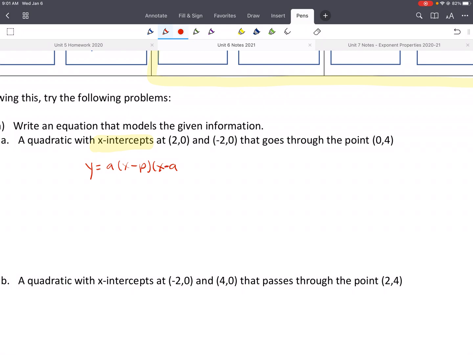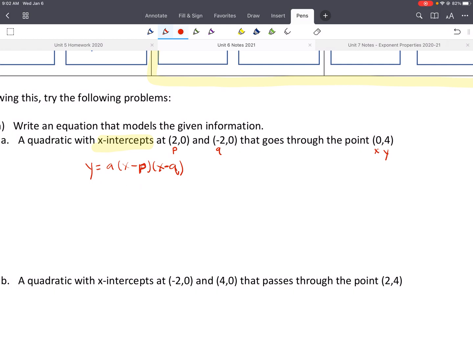Okay, if you did not memorize this before, you're going to want to memorize it now, for these different forms. All right, and the x values for your x-intercepts are your p and your q, and then your random point is your x and your y. So now we have p, q, x, and y. The only thing that we're missing from our form is a, and that's what we're going to calculate.